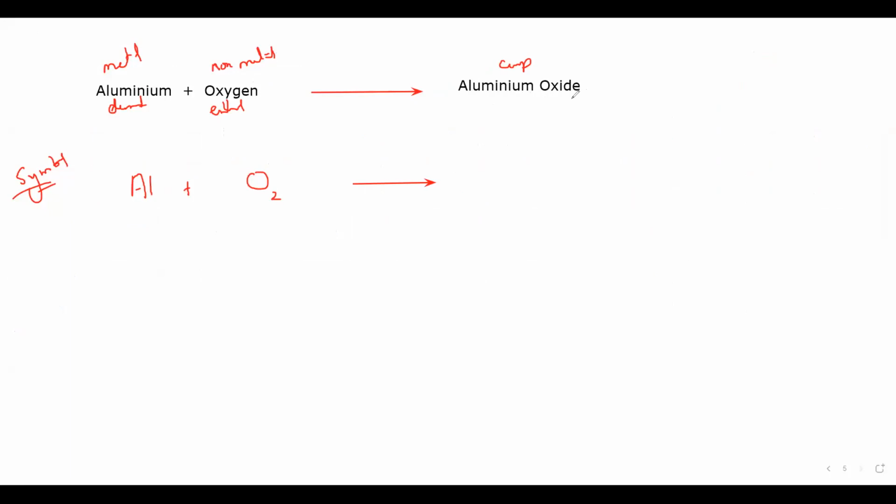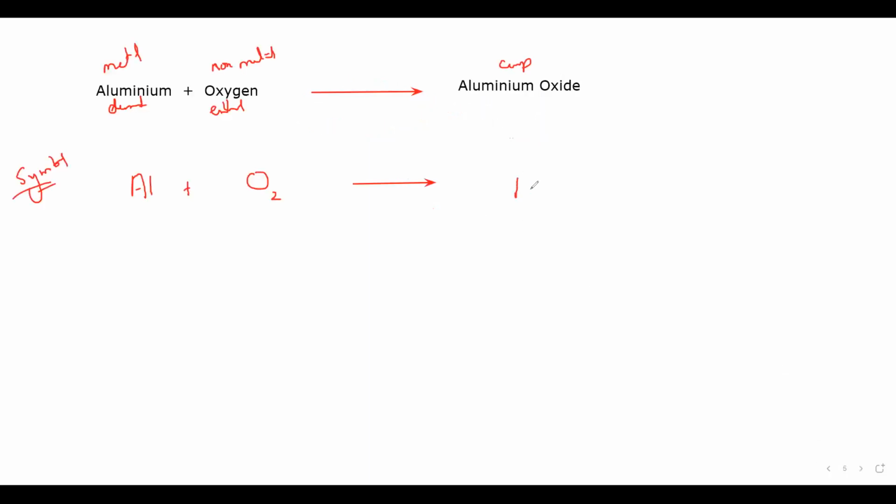And for aluminium oxide, aluminium has a valency of +3 and oxygen has a valency of -2. When we cross multiply the valency, this 2 will come with aluminium and 3 will come with oxygen. This is how we write the chemical formula of the compound. So it will be Al2O3.